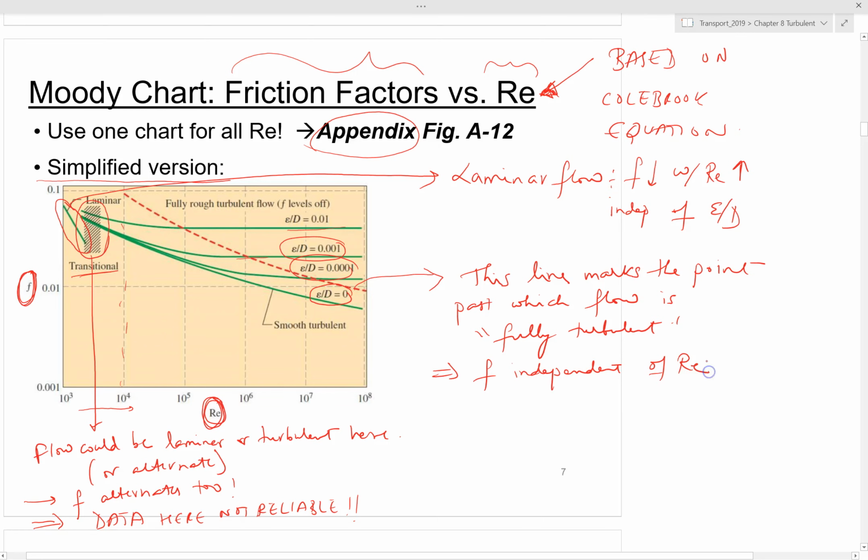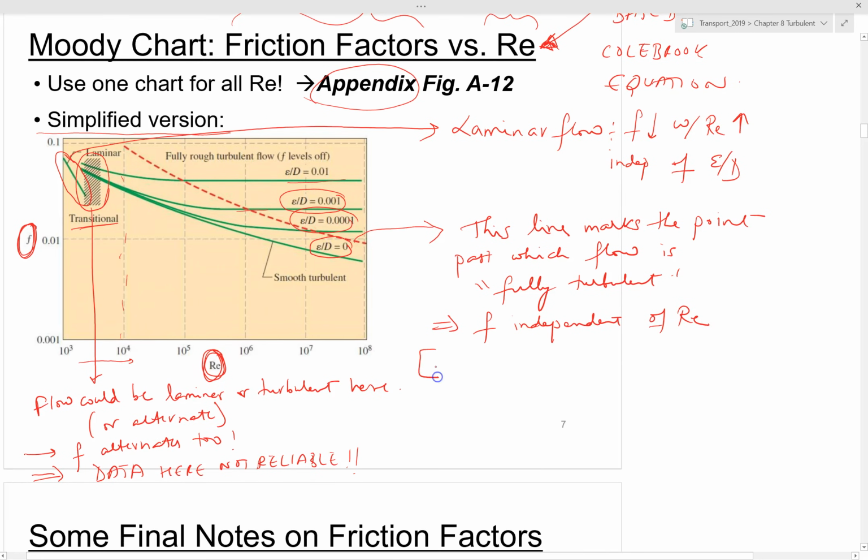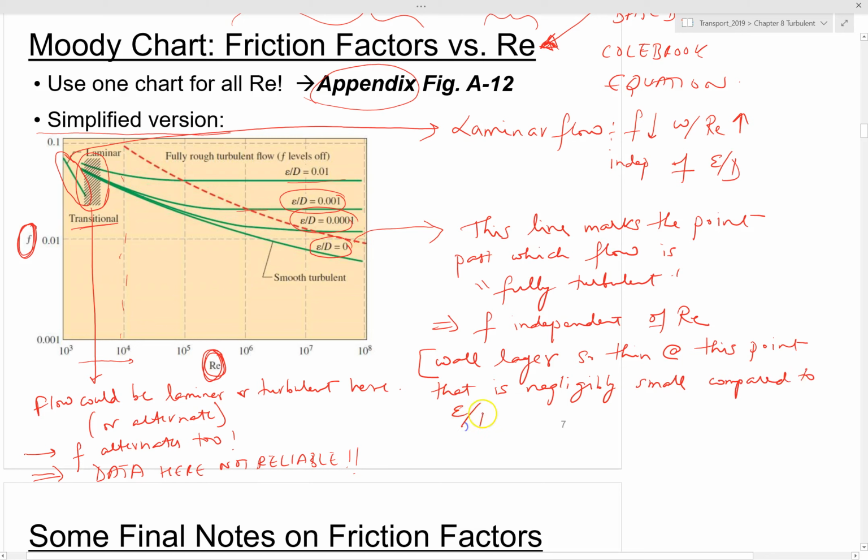F becomes independent of Reynolds number, and your wall layer becomes so thin at this point that it is negligibly small compared to E over D.